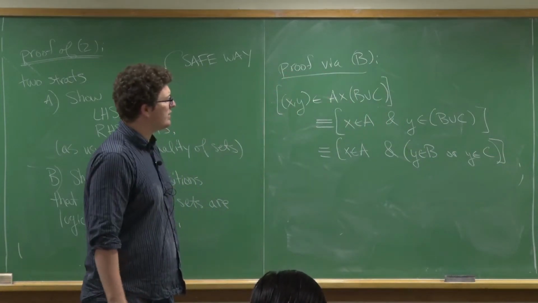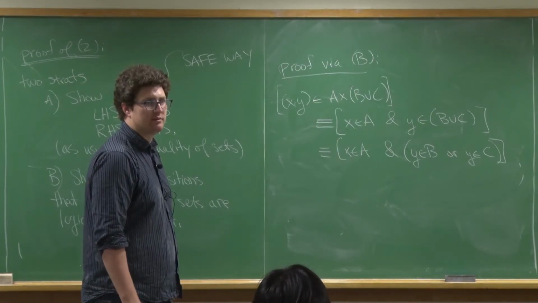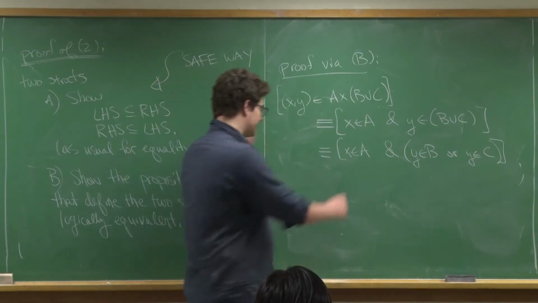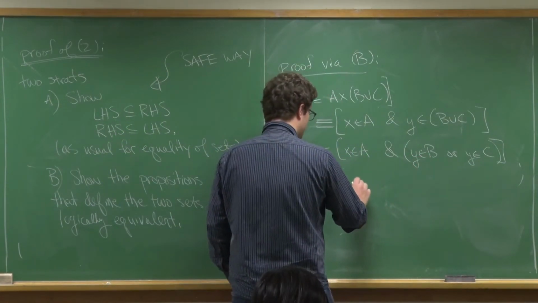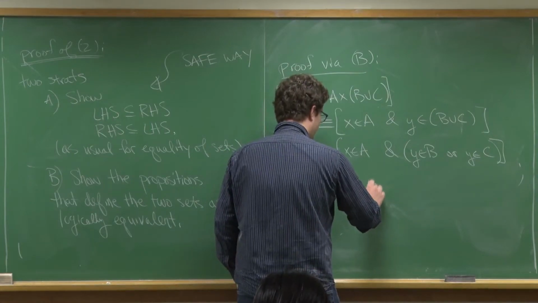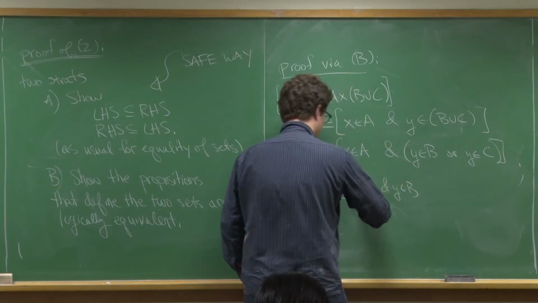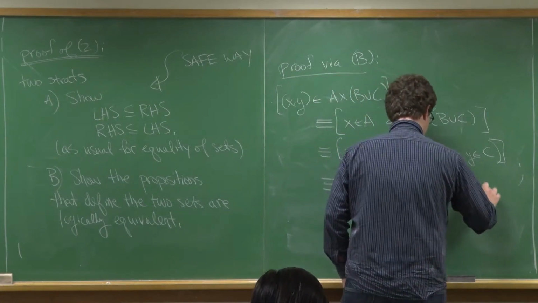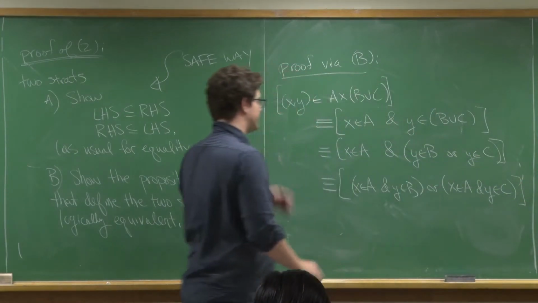All right, what can I do now? Yeah, let's just distribute them. So this thing distributes over. This is logically equivalent to x is an element of A and y is an element of B, or x is an element of A and y is an element of C. What can I do now?